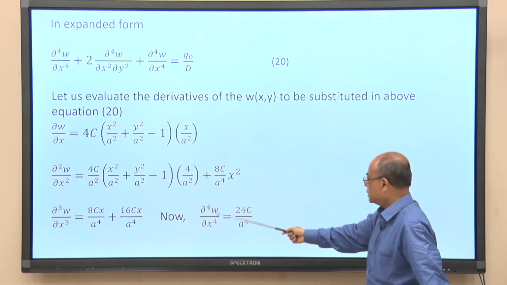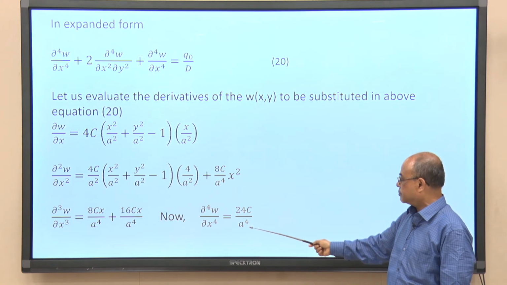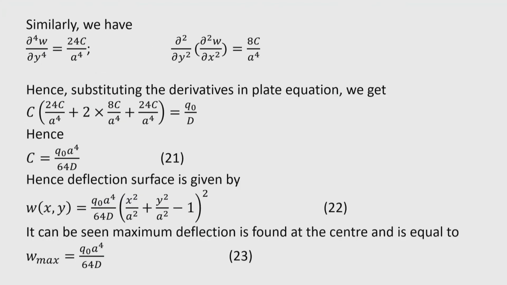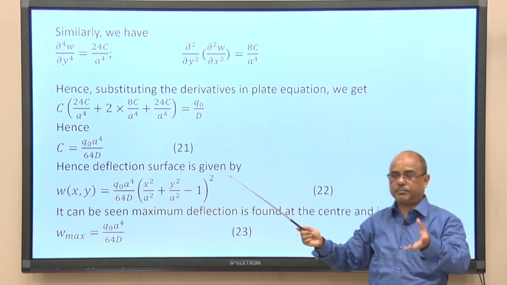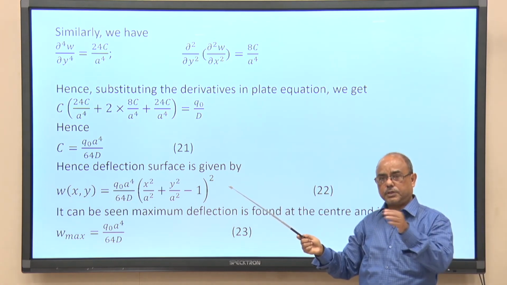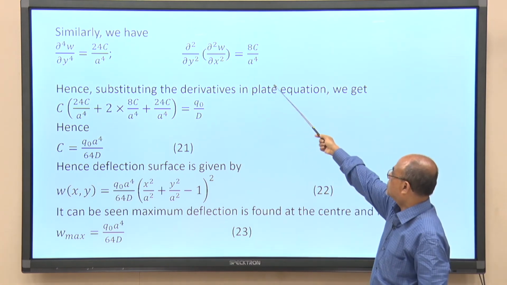Lastly we go to the fourth derivative. The fourth derivative is 24 c by a to the power 4, it can be easily verified, and similarly we can obtain the derivative with respect to y and the cross derivative that is required for the second term, that is 2 into del to the power 4 w divided by del x square del y square. So, that quantity is also evaluated.